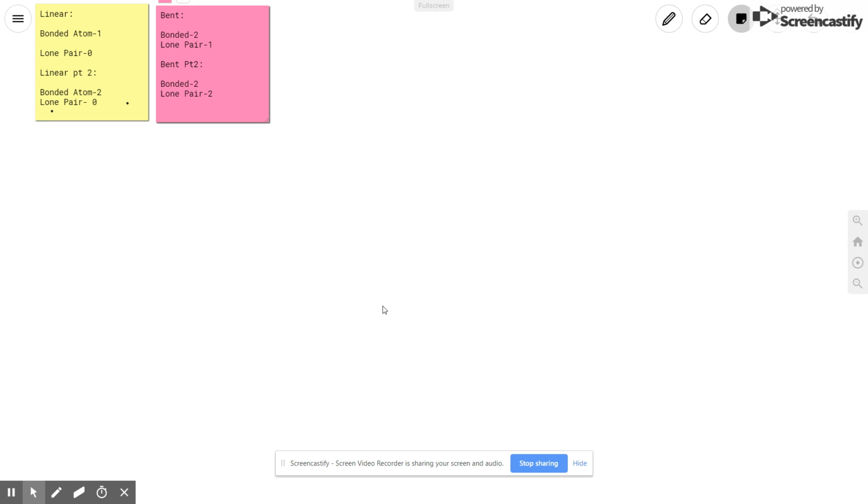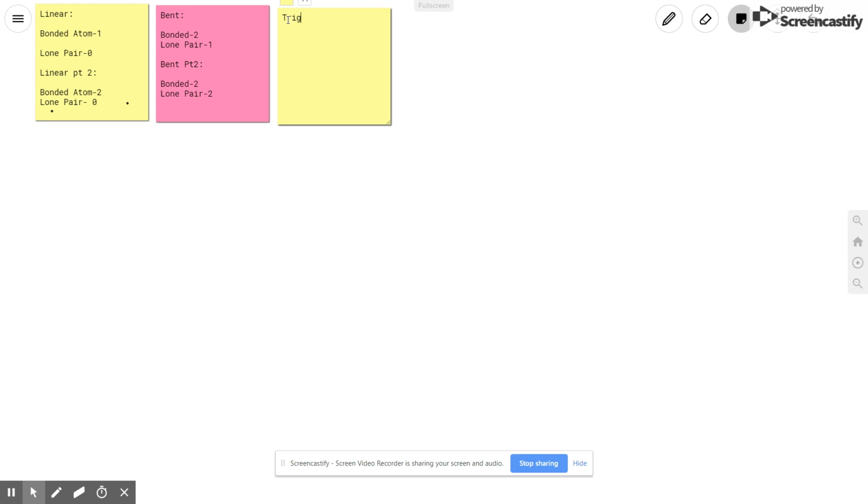So we've gone over linear shape, we went over bent, and now we need to go over our trigonal planar. Okay, so we'll go over trigonal planar.